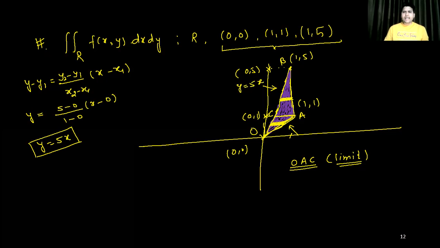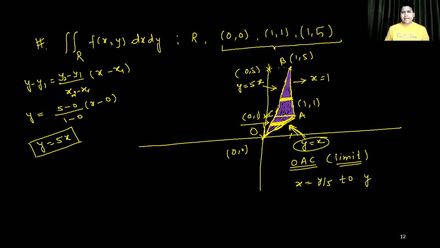In this question, the starting curve is the same, but the terminating curve is different. Now what is the equation of OA? Passing through (0, 0) and (1, 1), the equation will be y equals x, and this line will be x equals 1. The strip starts on this curve. What is the value of x over here? From y equals 5x, x equals y upon 5. And here, the value of x is y.